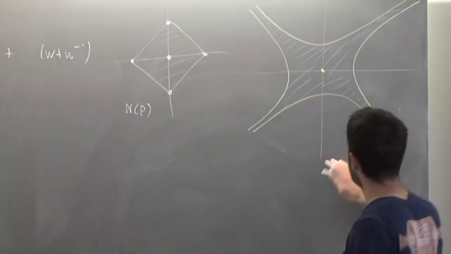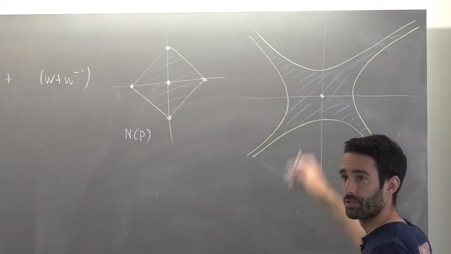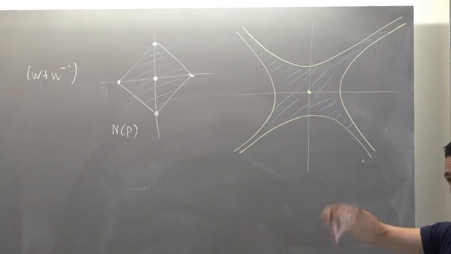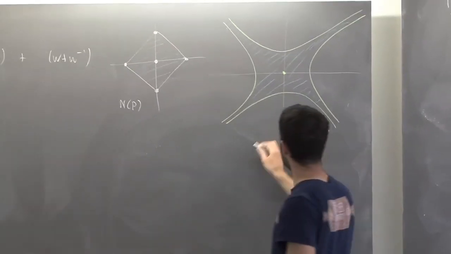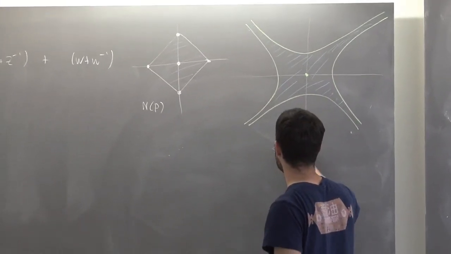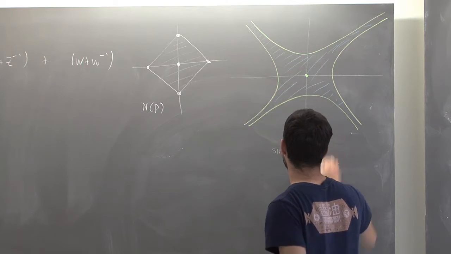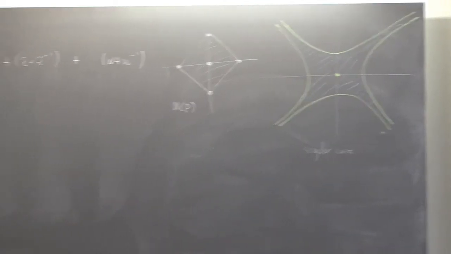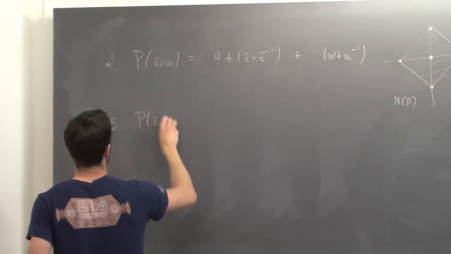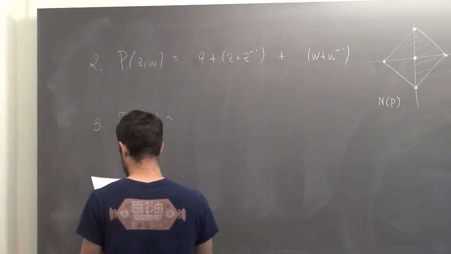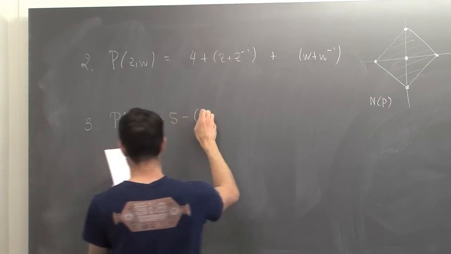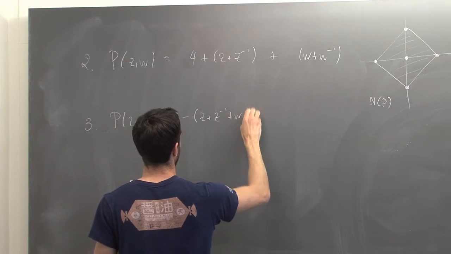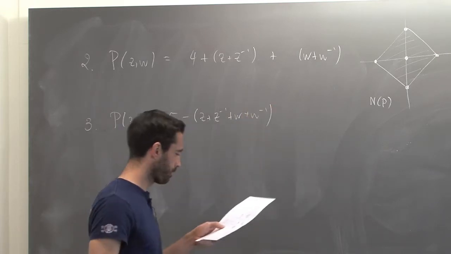In this case, this is a singular curve, singular surface. Do you see it? It's like a sphere, but it's pinched at one point. So this is a singular curve. And the third example is given by the square octagon lattice.